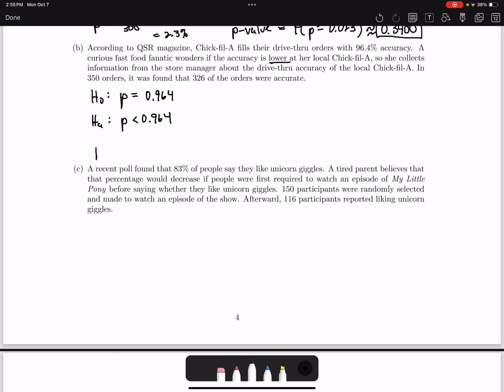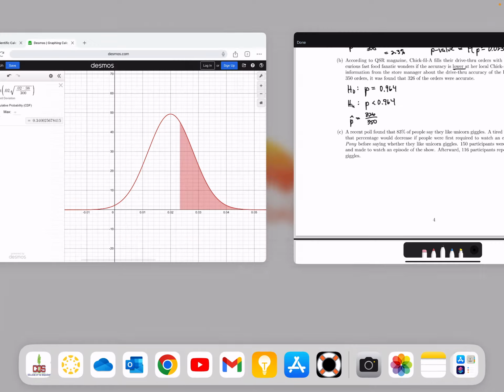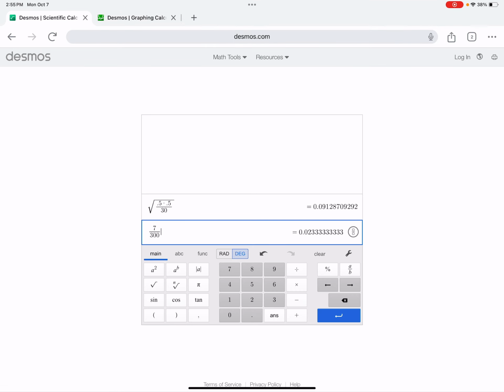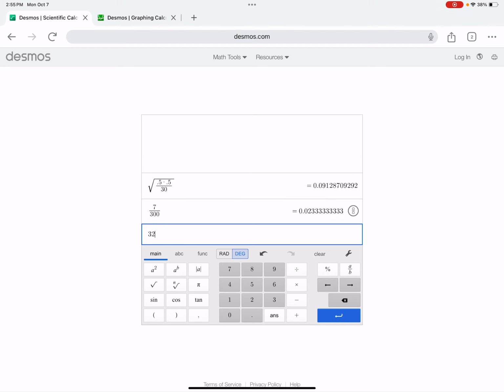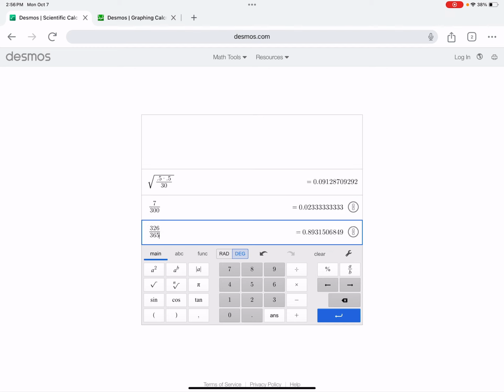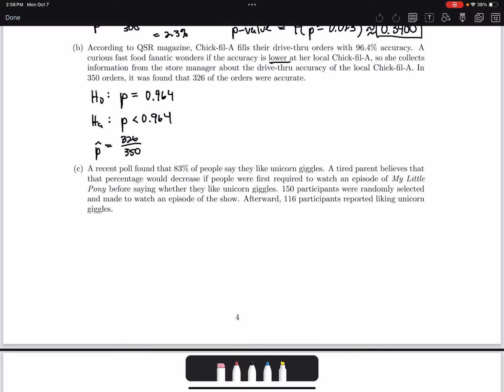The sample evidence that we have is that 326 of the 350 orders were filled accurately. 326 out of 350. 0.931-ish. Okay, so yeah, that is less than 96.4%.